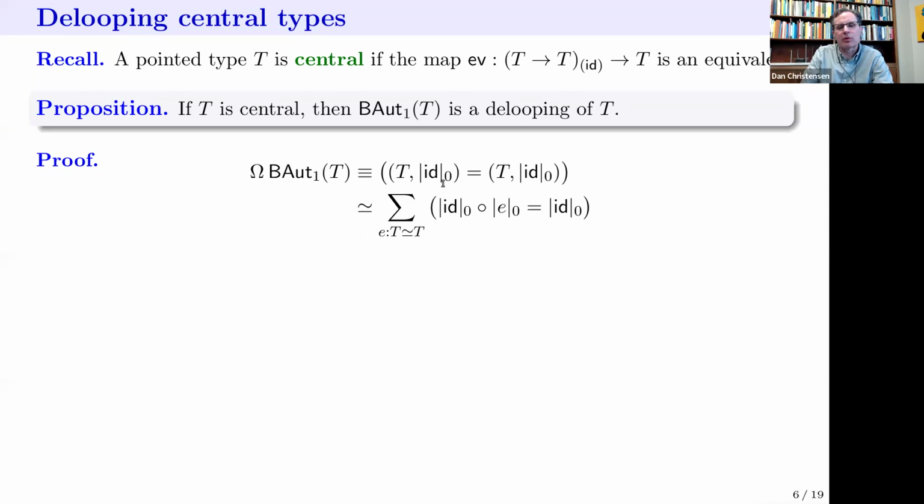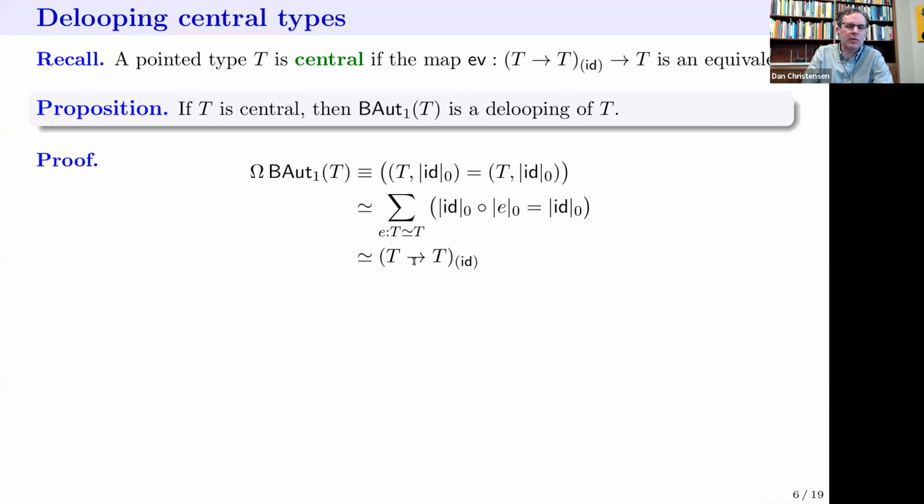And then I have to transport the second component to be equal to the second component. And that transport is given by composition of homotopy classes. So this is a truncated composition. So then you can see from this that the homotopy class of E must be equal to the identity, which means that I'm looking at self-maps that are homotopic to the identity.